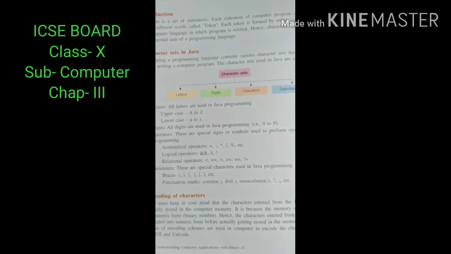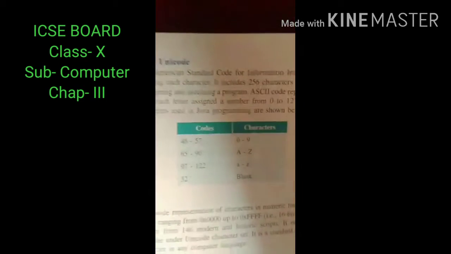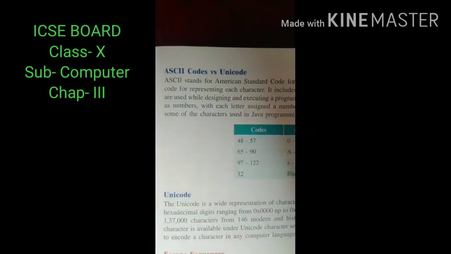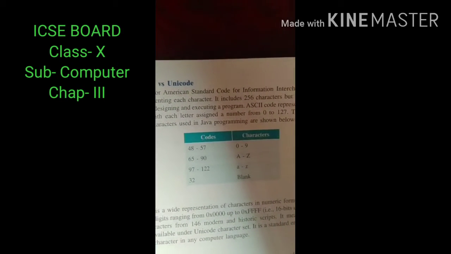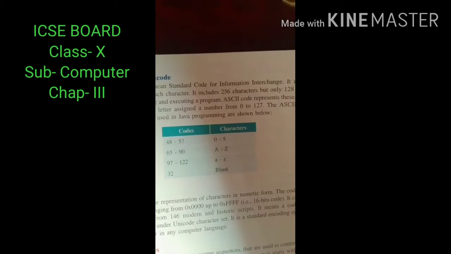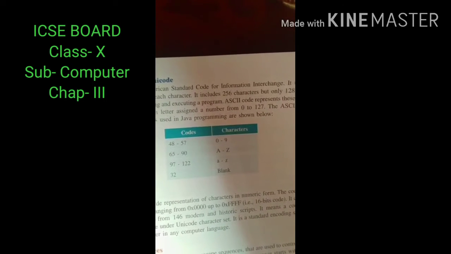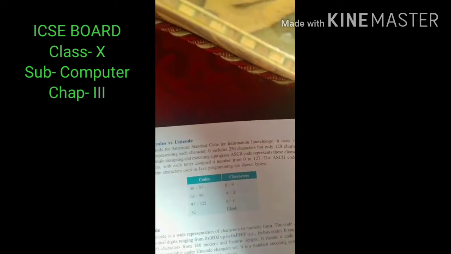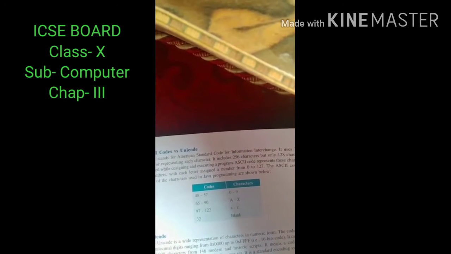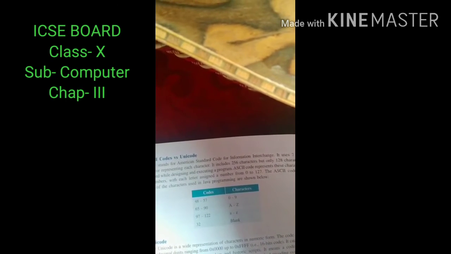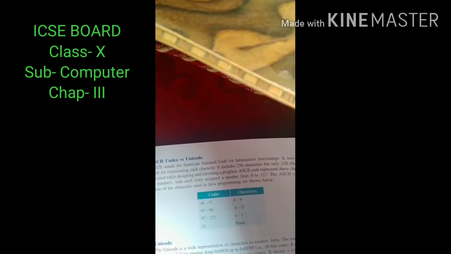This ASCII code has a total of 256 characters, but only 128 characters we use, 0 to 127.